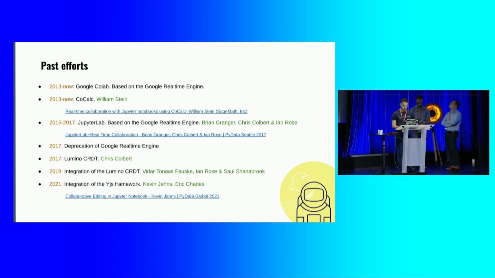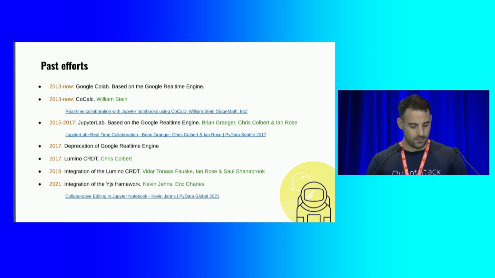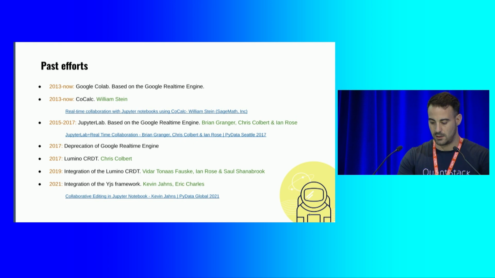And regarding JupyterLab, from the beginning, we wanted to have collaboration. The team of Brian, Chris Colbert, and Ian made JupyterLab collaborative using the Google real-time engine, but it was later deprecated.